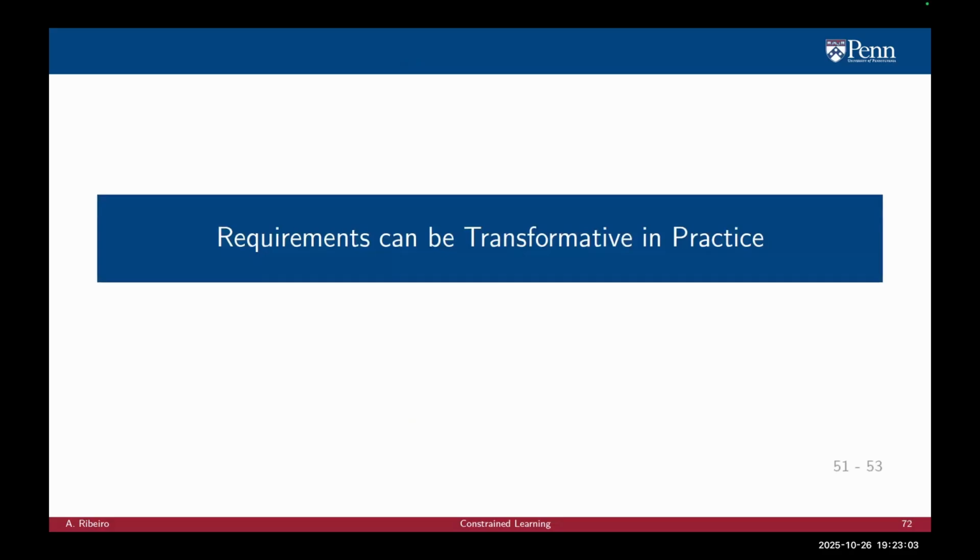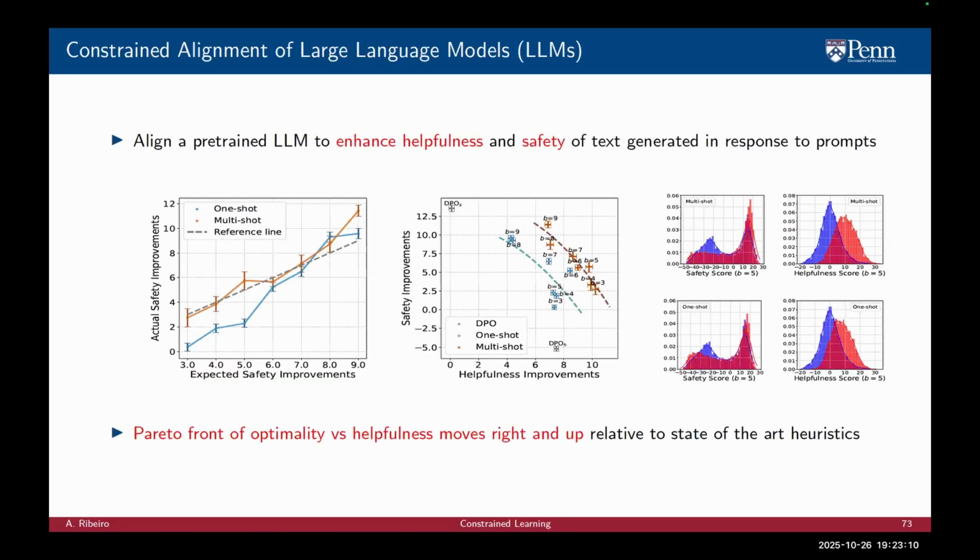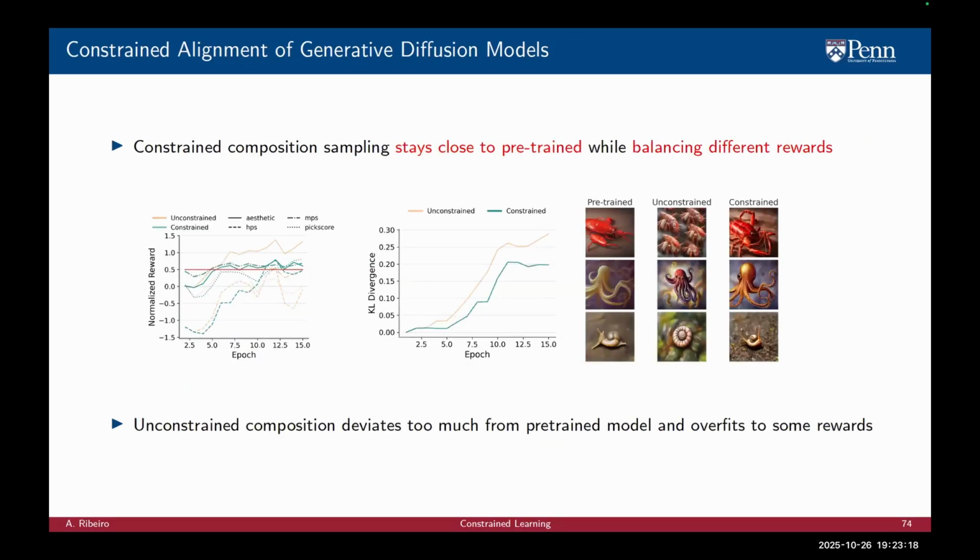Now, requirements, I believe, and I think I have some evidence to point out, can be transformative in practice. For example, here we can improve the Pareto front of helpfulness and safety of a large language model. We can compose diffusion models better than other alternatives, deviating less from the pre-trained models.